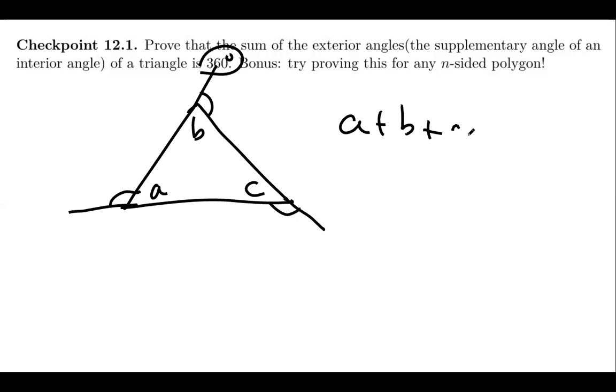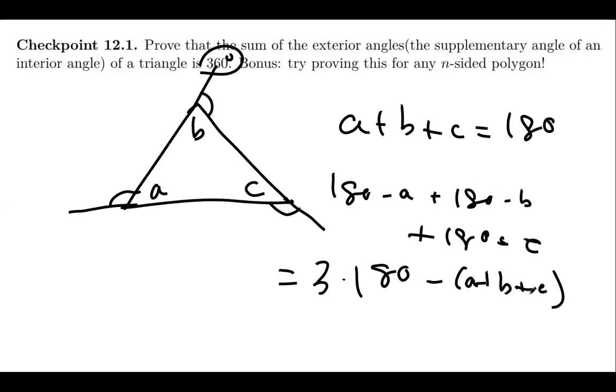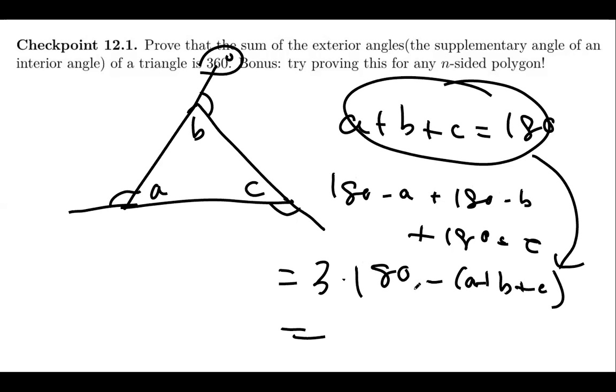A plus B plus C equals 180. And the sum of the exterior angles will be 180 minus A plus 180 minus B plus 180 minus C. And we can rearrange this to make it 3 times 180 minus (A plus B plus C). And as we know, A plus B plus C equals 180. So we plug that in there, which gives us 3 times 180 minus 180 equals 360.